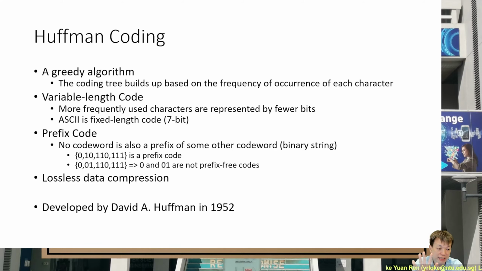You just need 5 bits, because with 5 bits there are 32 combinations: 00000, 00001, 00010, 00011, and so on and so forth. So it can well represent A to Z. So in that case, 5 bits is good enough.